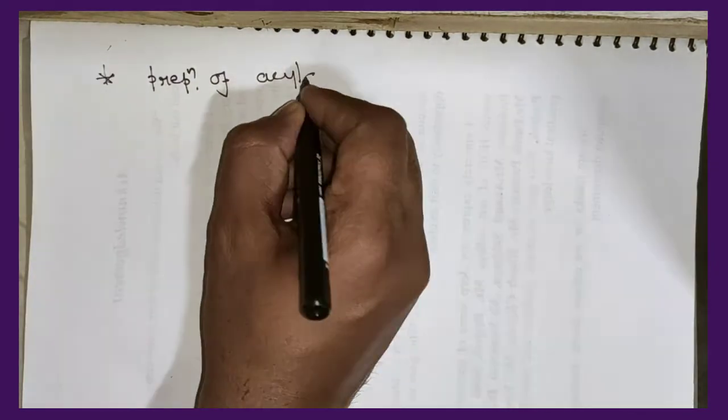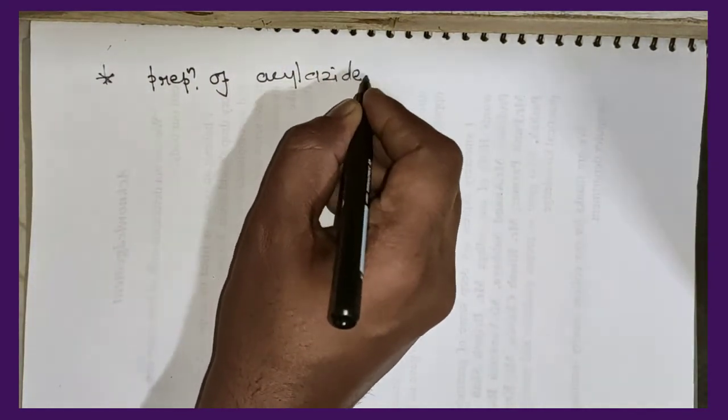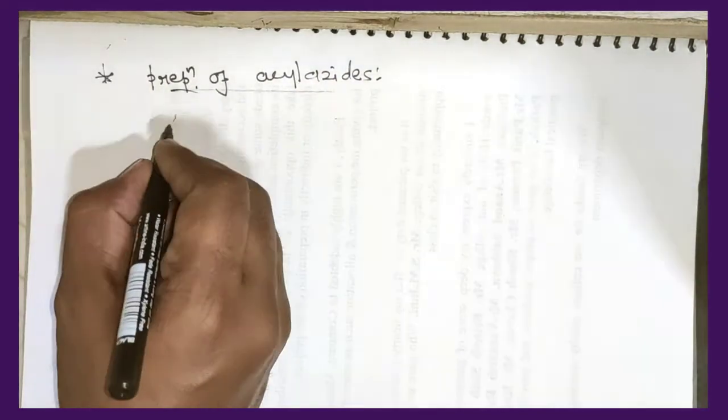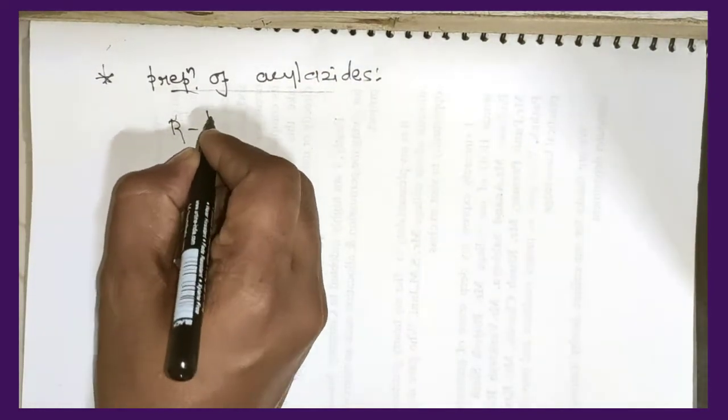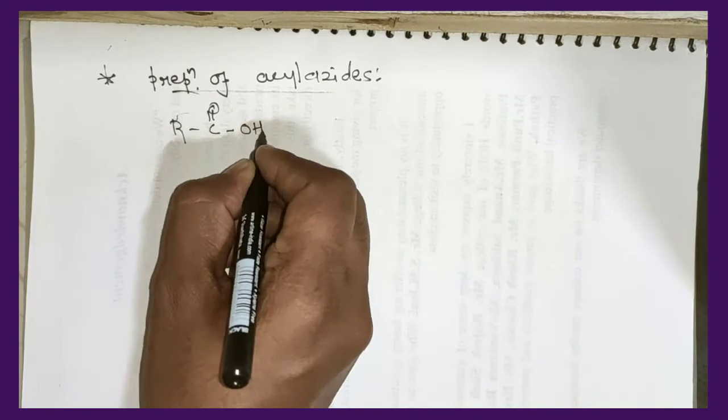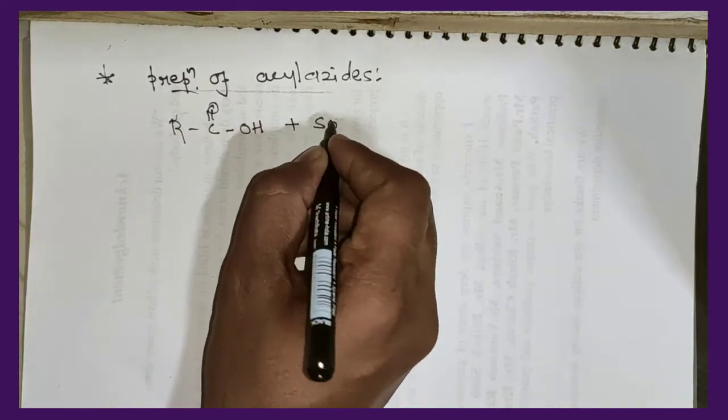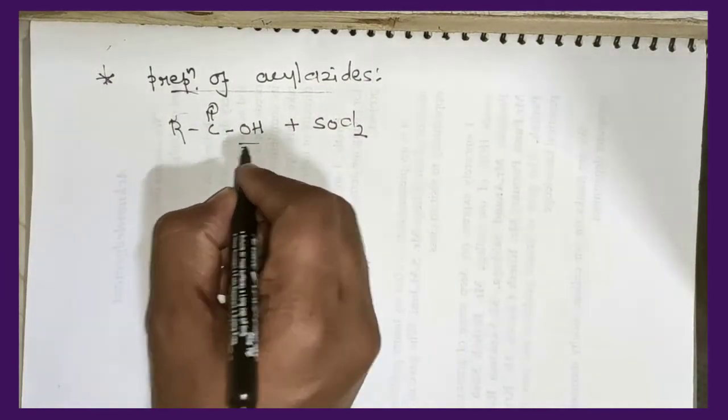So let me first discuss the preparation of acyl azide. For the preparation of acyl azide, we have to use any carboxylic acid. This carboxylic acid reacts with SOCl2, thionyl chloride. As we know, thionyl chloride replaces the OH group by Cl.